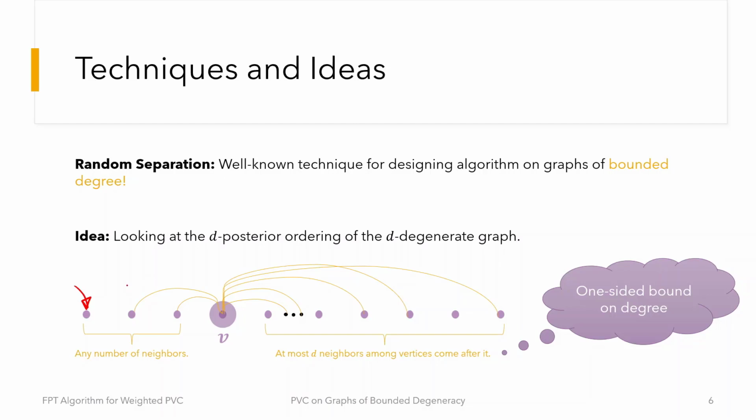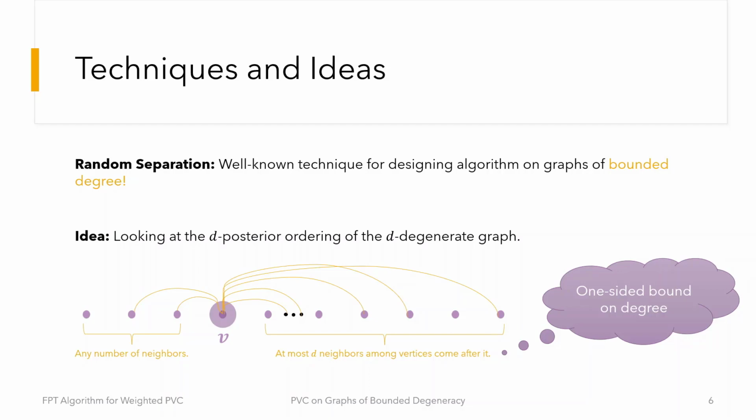The remaining graph again has a vertex with degree at most d because it's a subgraph of the original graph. So we pick the vertex, we remove it from the graph, and we keep doing this procedure until all vertices are in the order.